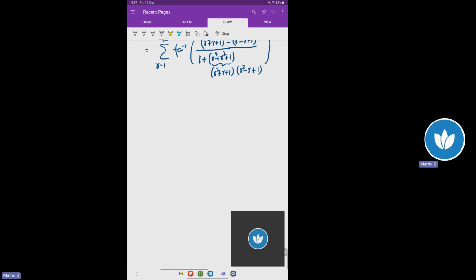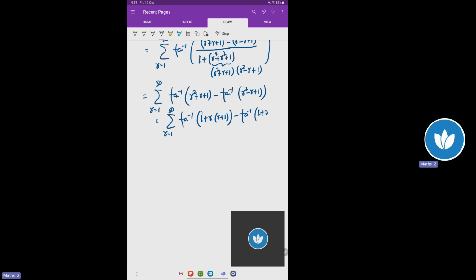Now let's use the tan inverse difference formula. We can write this as tan inverse of r square plus r plus 1 minus tan inverse of r square minus r plus 1. Obviously this is a telescoping sum. This is 1 plus r into r plus 1, and this is 1 plus r into r minus 1. If this whole thing is a function of r, that whole thing is a function of r minus 1.